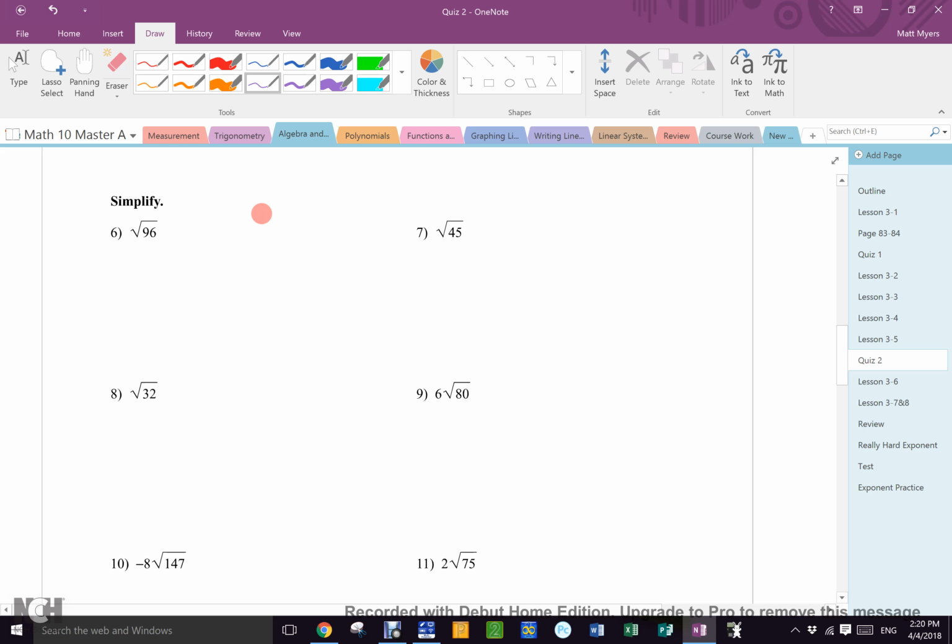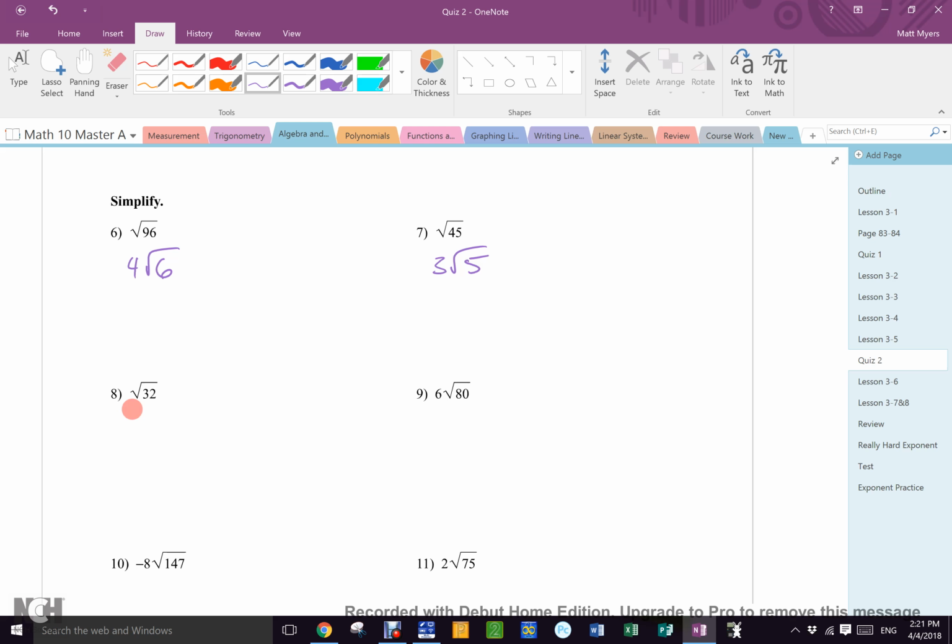So, would anybody like to give me their answer to 6? Corey. 4 root 6. Excellently done. Number 7. Corey. 3 root 5. And I heard it from somebody over there too. Nice. 8. 4 root 2.